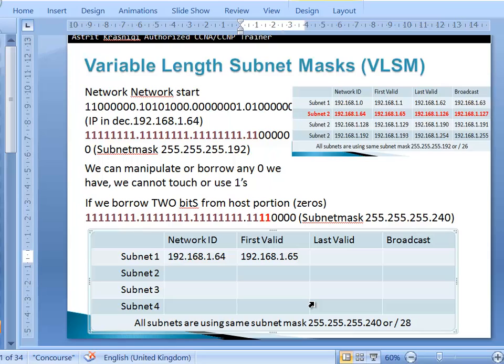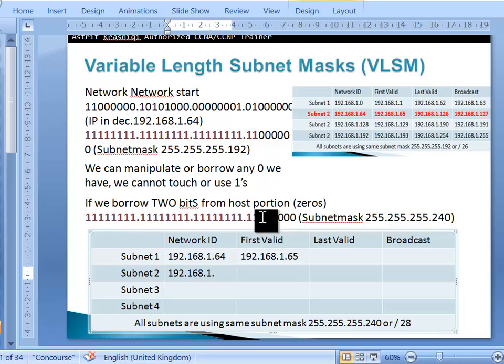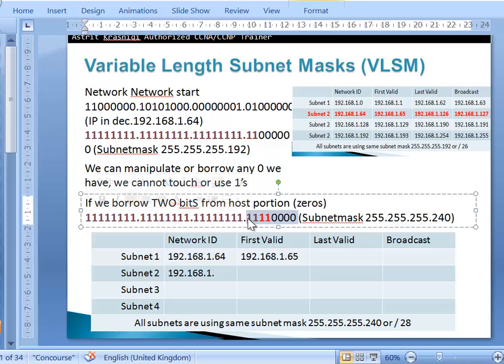It's easy to find the next subnet ID, which is subnet 2, and then we do minus 1. If you look at the separation between ones and zeros, it's happening in the 4th octet. And this bit here represents 16.